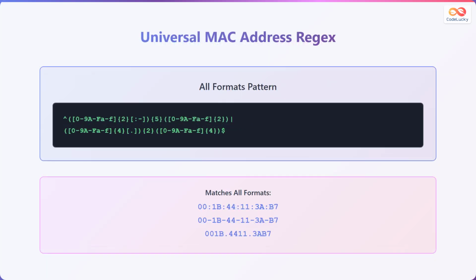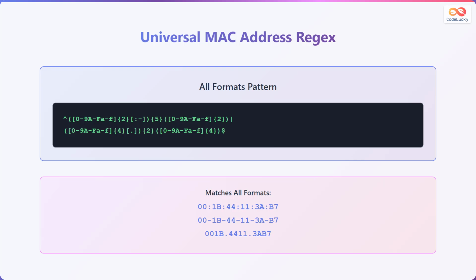Here is a universal regular expression to validate all the formats of a media access control address. Start with a caret symbol, followed by an opening parenthesis, 0 to 9, A to F, a to f. Here, the hexadecimal characters are represented by A to F in both uppercase and lowercase.